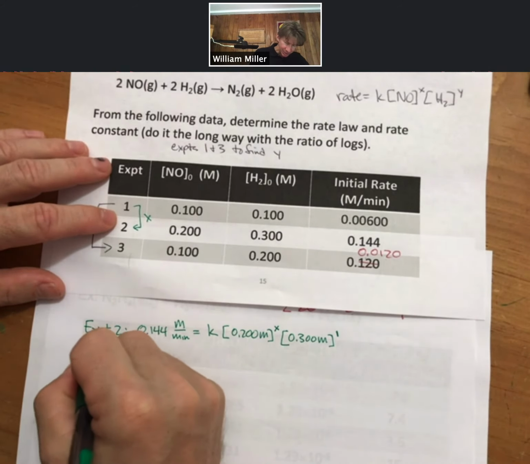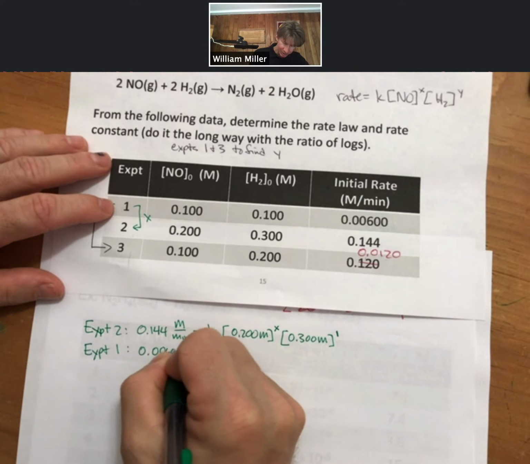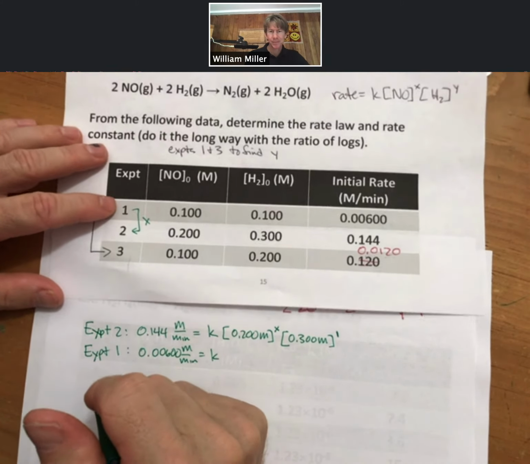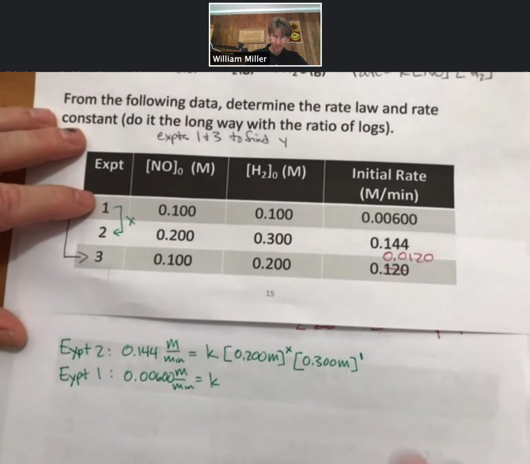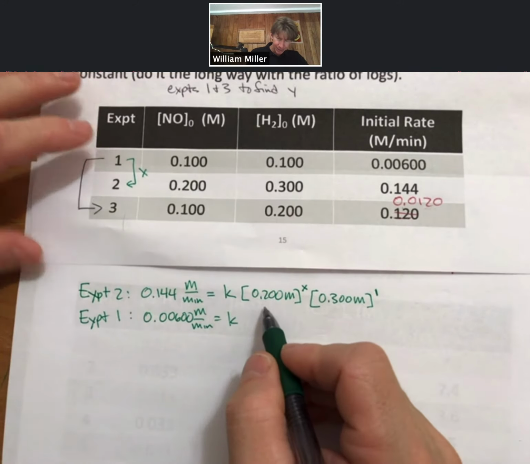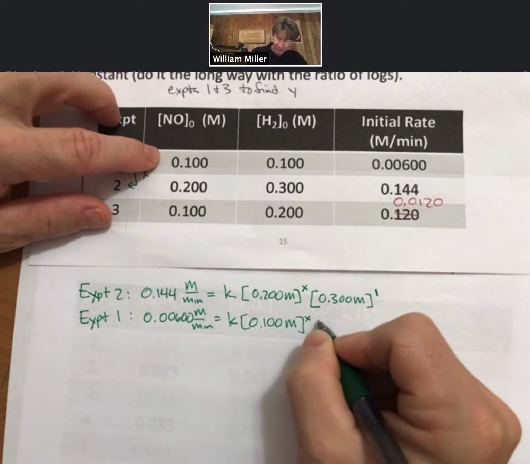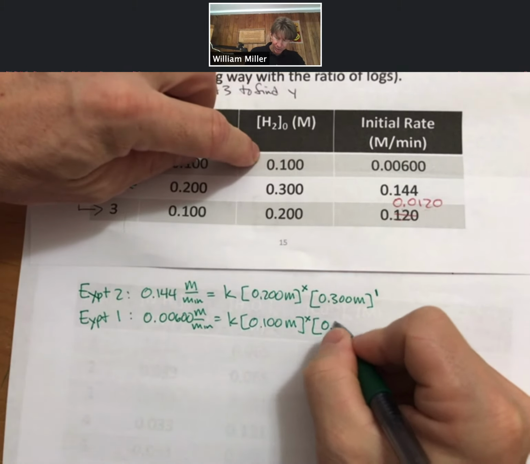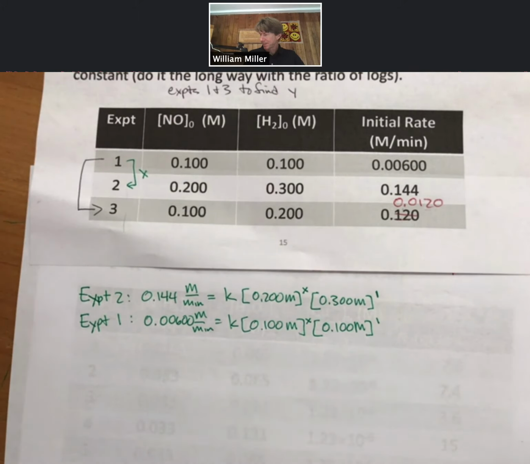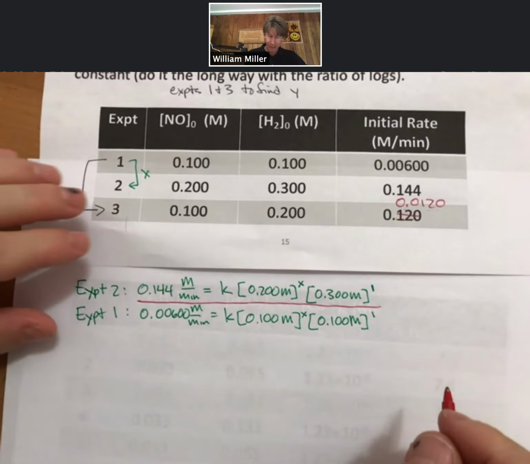And now we'll do experiment 1, which is 0.00600 molar per minute equals K. And experiment 1, 0.100 molar to the X, 0.100 molar to the 1. They're equal to each other. We can divide them and it doesn't change anything.